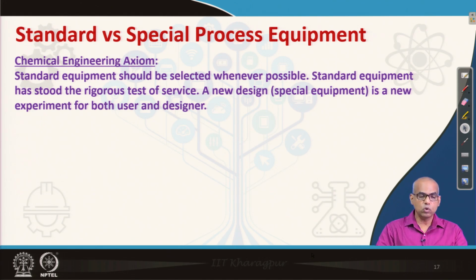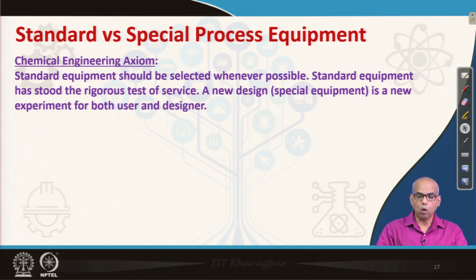Standard equipment has stood the rigorous test of service. A new design, thus a special equipment, is a new experiment for both user and designer. So, there may be uncertainty involved in the performance.